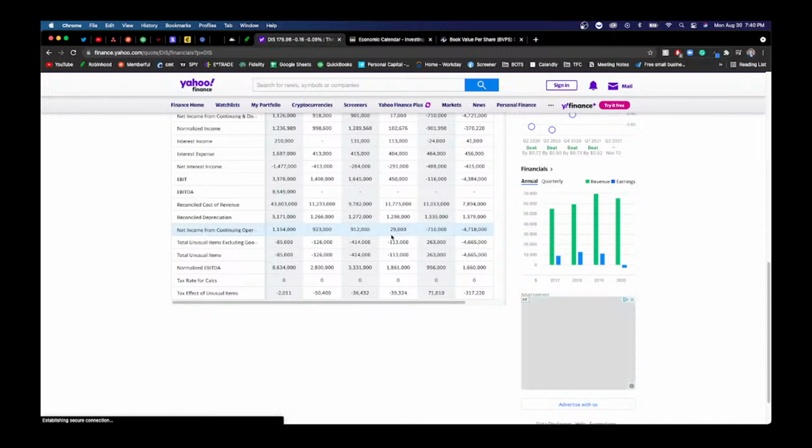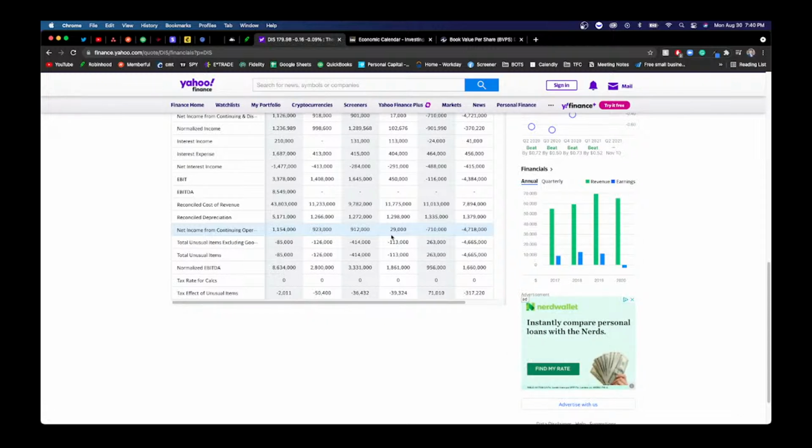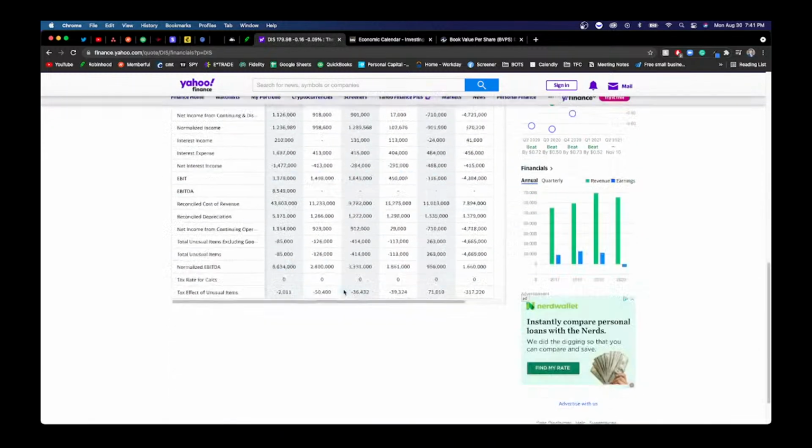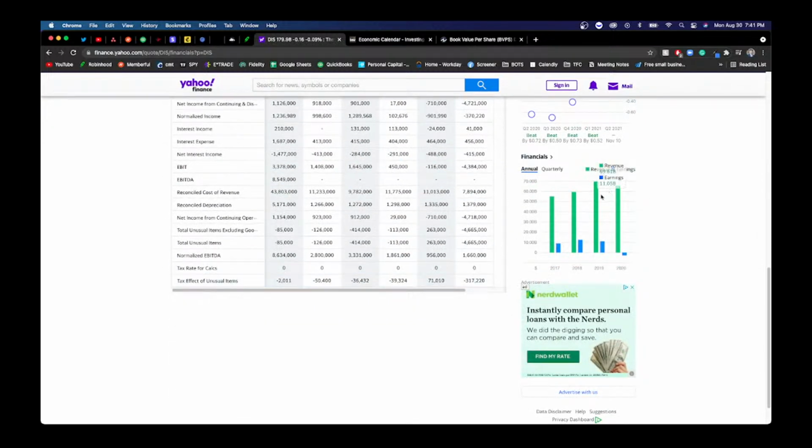So there's a problem if you want to look at Disney that way. But I think Disney has the know-how to essentially navigate waters like this, and they have a ton of growth. I mean, it's the mouse. You don't really go against the mouse. So one way to look at these types of things, though, is just a graph, right? You can see the revenue here in 2019 spiked. They really didn't do as bad in 2020. They just must have spent a ton of money in 2020 retaining people, working from home, whatever it might have been.